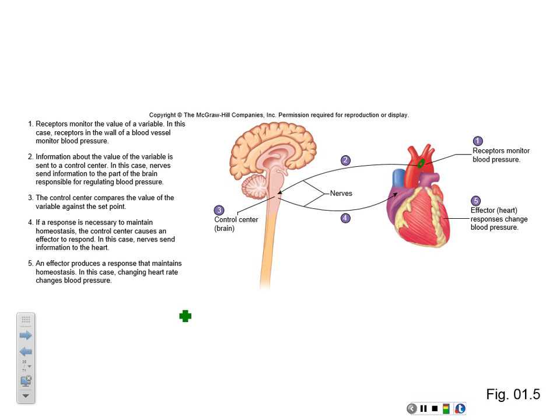The control center is the medulla oblongata, which controls heart rate and things like that. So it goes to the medulla oblongata, and then it compares. The blood pressure is supposed to be around 120/70 or something like that. And then it sees that the blood pressure is low, right?